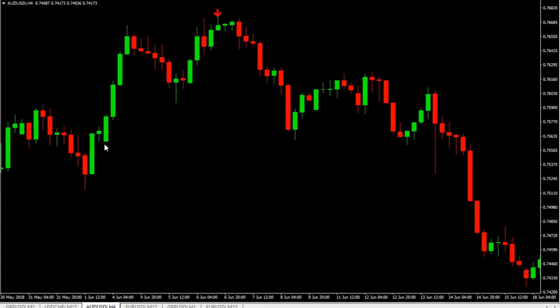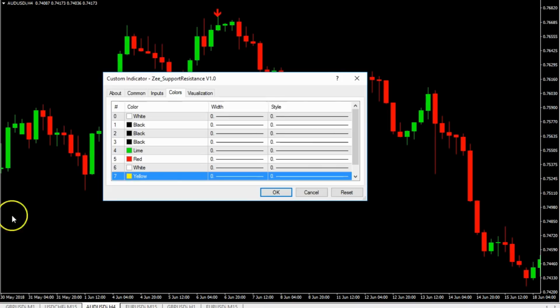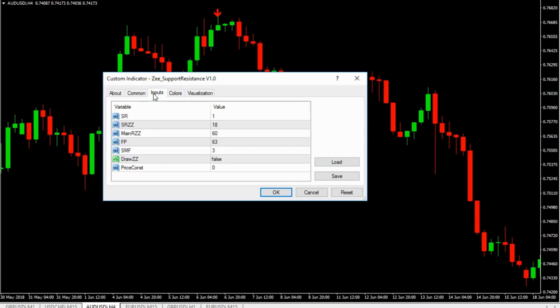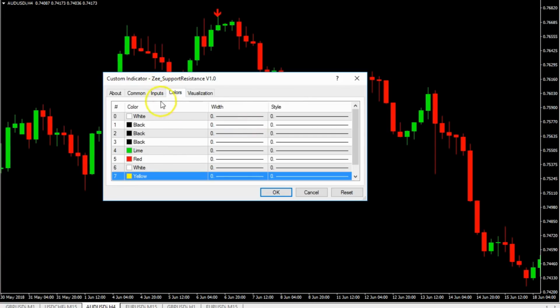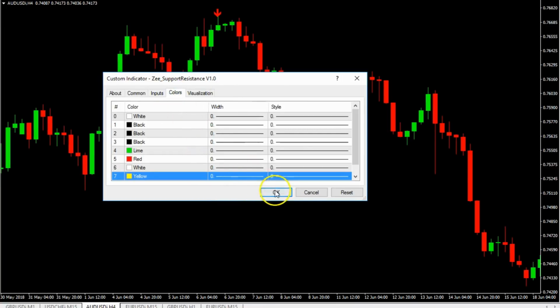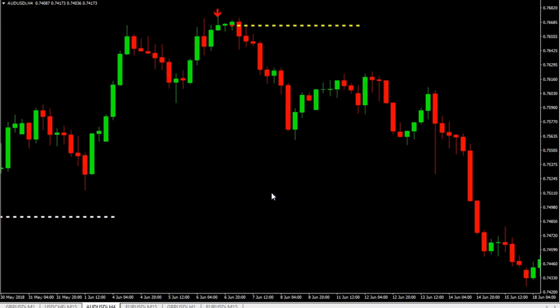Now another indicator that I use is my own proprietary indicator. It's called the Z support and resistance. Don't touch anything in the settings. Go to colors and then click OK.